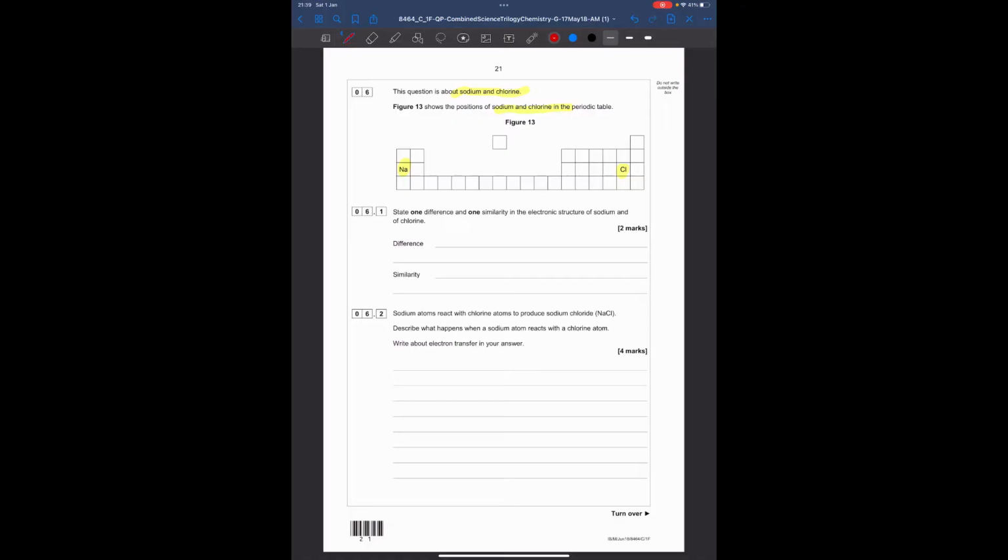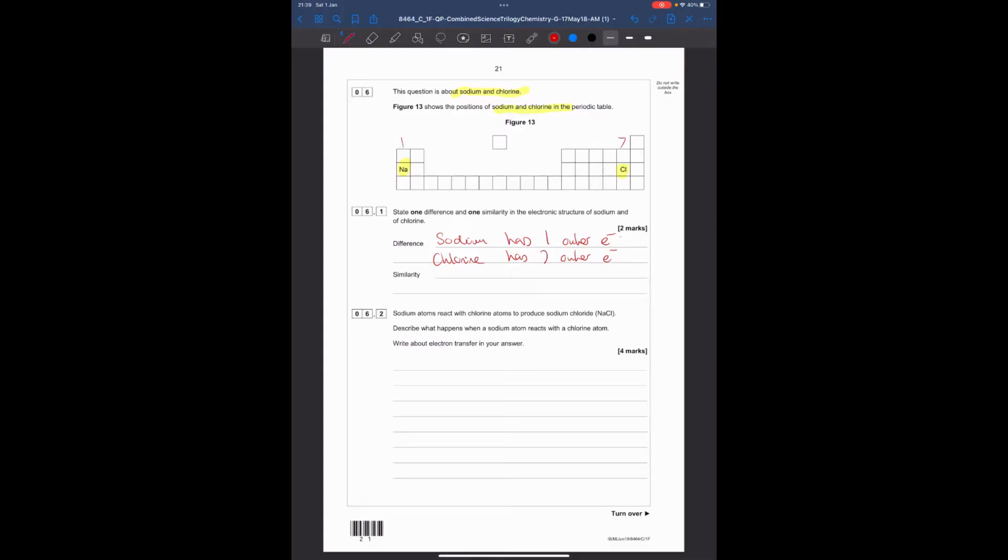So if we go for a difference first then, well, we can see they're in different groups, 1 and 7. And it's our group number that determines how many electrons there are in the outer shell. So a difference would be sodium has 1 outer electron, chlorine has 7 outer electrons.